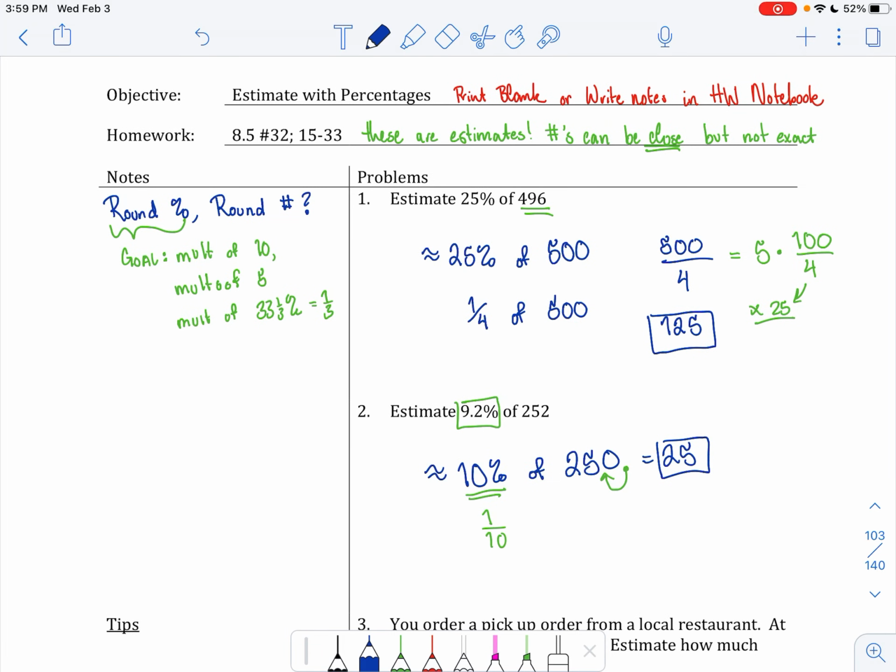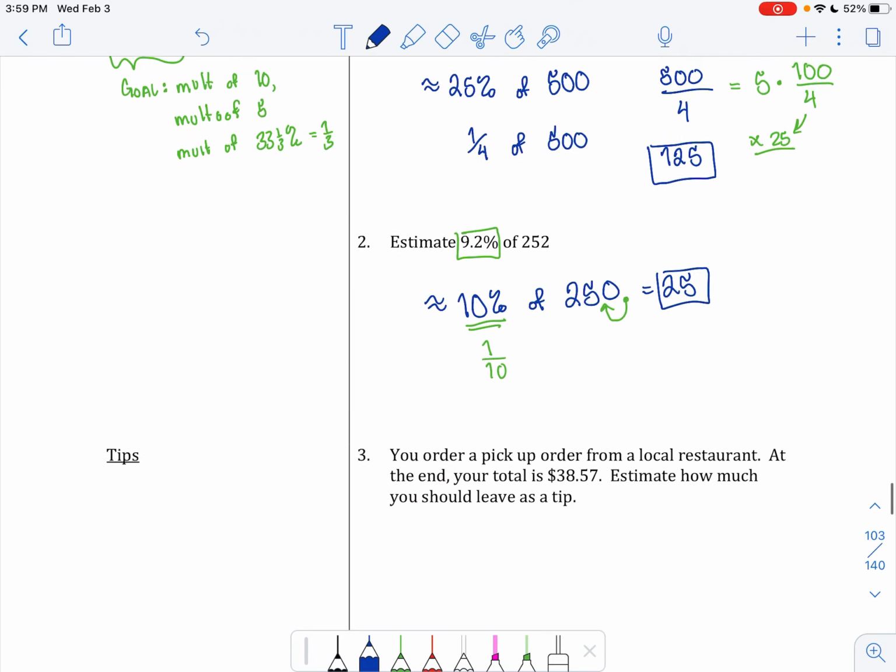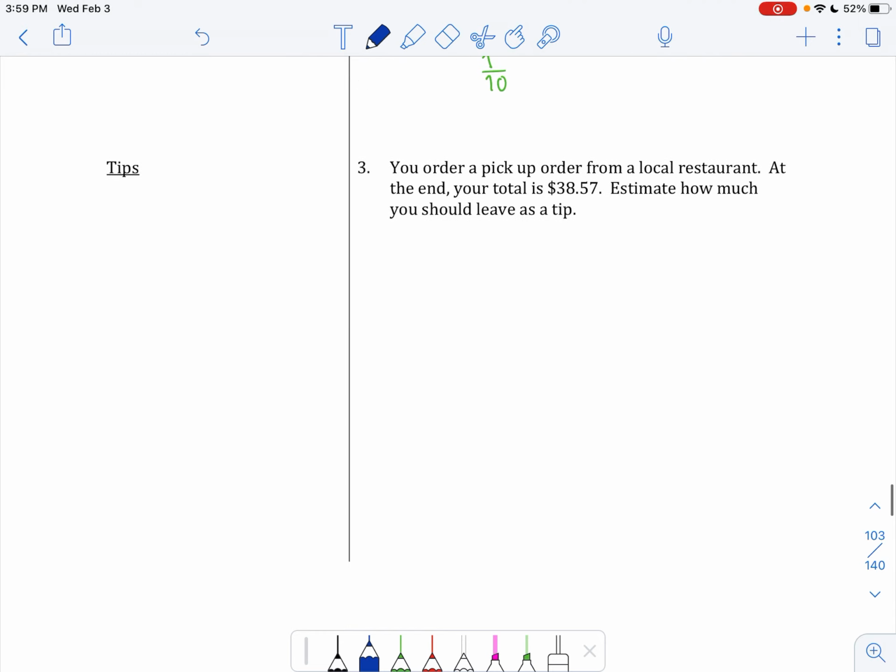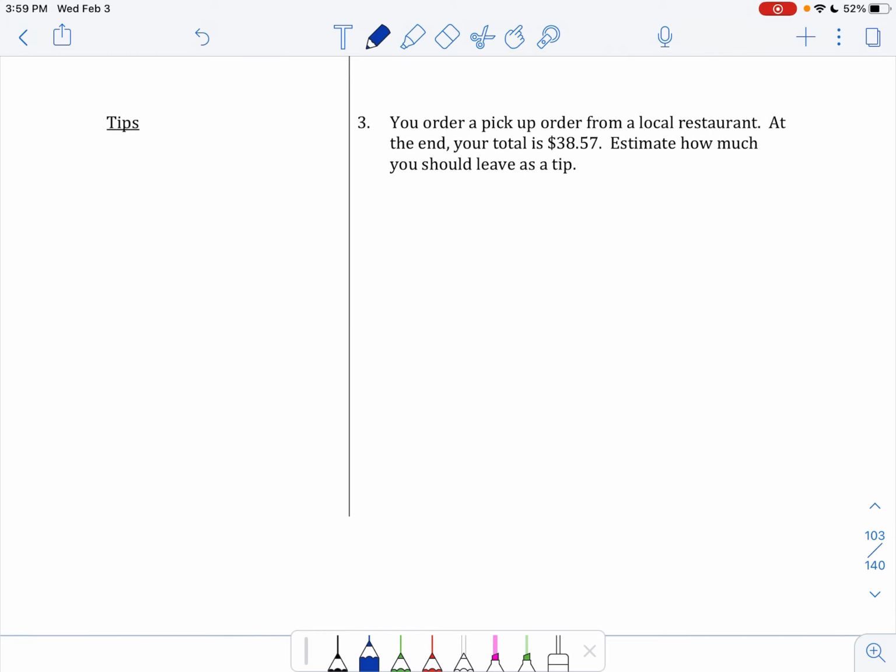One really important place that we want to estimate with percentages, and that you will estimate with percentages as an adult, is when we talk about tips. So if you go to a restaurant, or at this point when you're getting delivery from a restaurant, either pickup or curbside, you're still probably, hopefully, leaving a tip. That is an extra amount that we add on for service and for a person helping us out with our order.